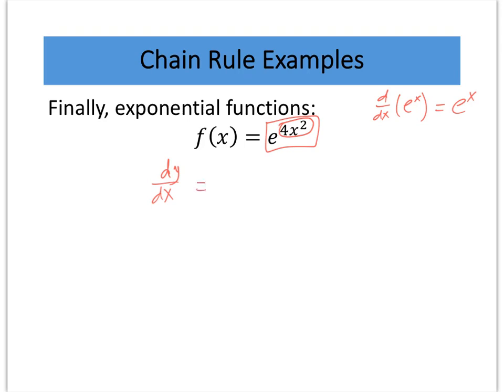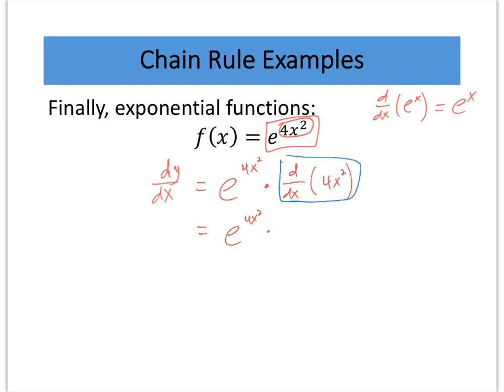So my derivative is what it normally would be, e to the power, times the derivative of the stuff inside. Well, here I've got the chain rule again. This was the chain rule the first time.